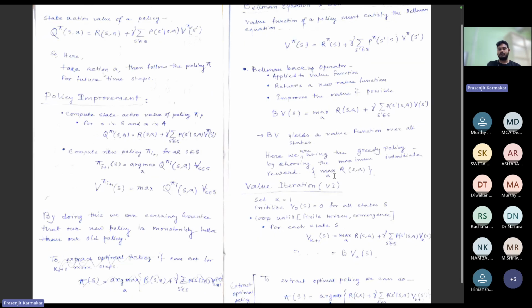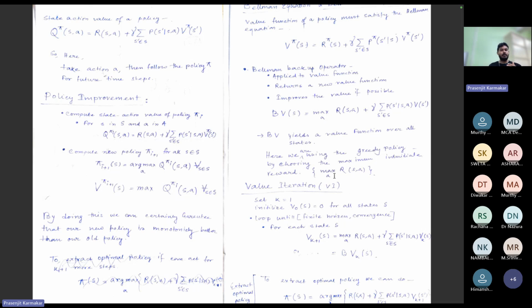What are contraction operators? If you apply that same Bellman equation multiple times, the optimal value function would not change, but the suboptimal value function that you have would have its distance minimized as you go on applying that equation.